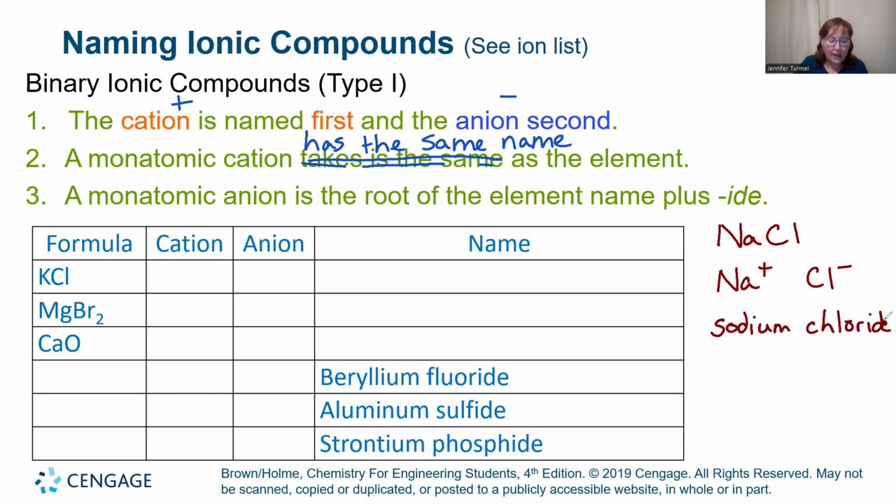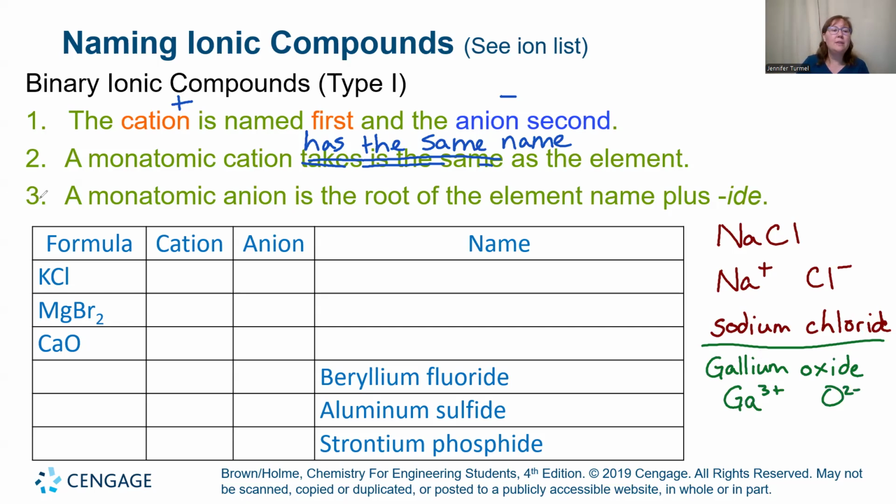Okay, and then I can go in the other direction and work from the name backwards. Say that we have gallium oxide. When we look at our ion list, we see that gallium is Ga3+ and oxygen is O2-.